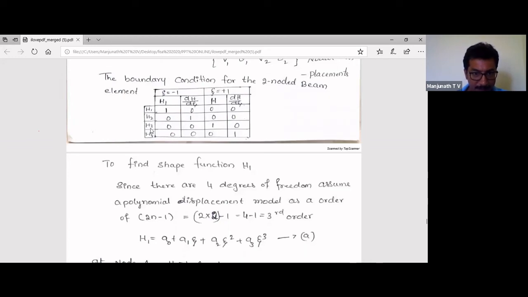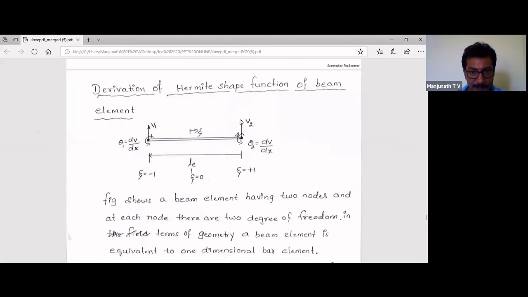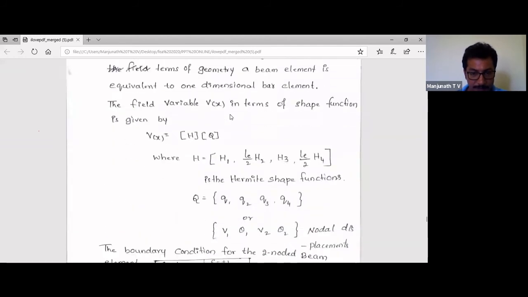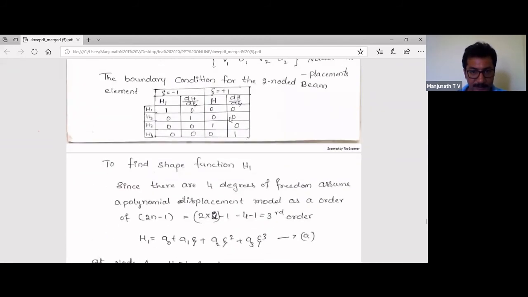Similarly h3, the vertical Hermite shape function at node number 2: if h3 is unity, then at all remaining nodes the value will be 0. Similarly h4, for rotational at node number 2: if it is 1, then at all remaining nodes the value of h4 will be 0. This is how, by considering the properties of the shape function, we are able to write this table.